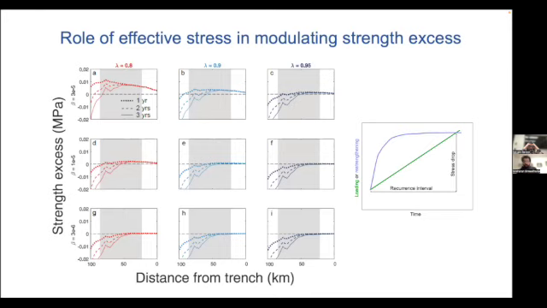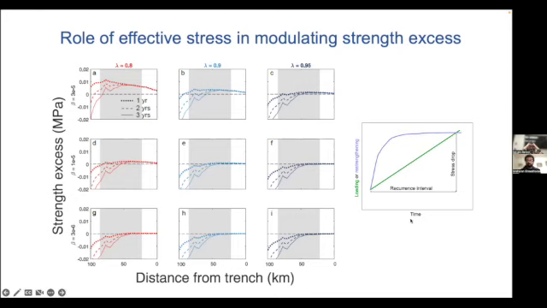Okay, so then what about effective stress? Because the argument generally is that the slow slip source probably has nearly lithostatic pore pressure. So we can do this exercise again for a range of effective stresses. And that's what I'm showing you here.